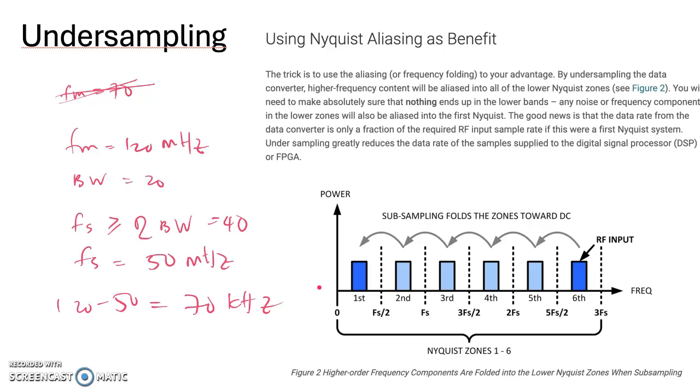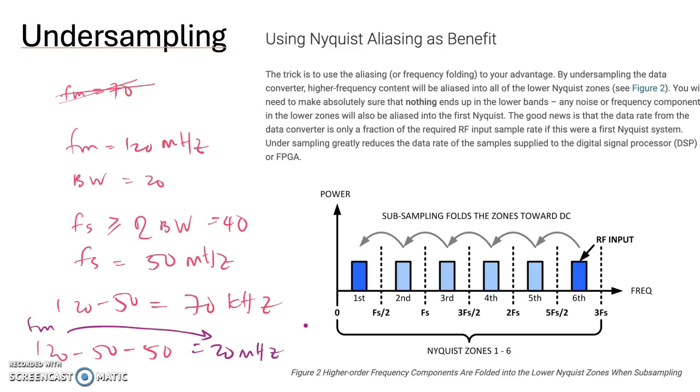But what happens is that it will continue to down convert until it reaches the first Nyquist zone. So 120 minus 50, minus 50, until it reaches the first Nyquist zone. And in the end, you would get your FM down converted to 20 megahertz in the first Nyquist zone, assuming that the values all check out.